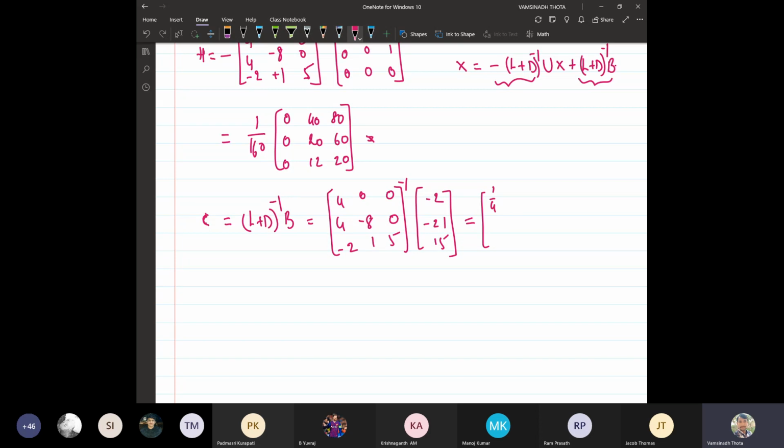Basically, the inverse is 1 by 4, 0, 0; 1 by 8, minus 1 by 8, 0; 3 by 40, 1 by 40, 1 by 5. This is times -2, -21, 15.